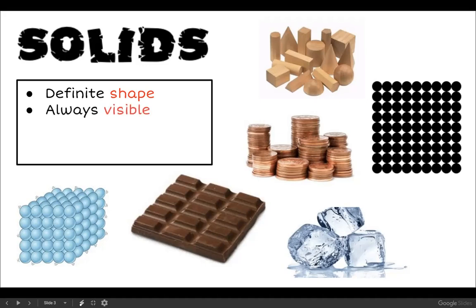Solids are always visible. Even if they're clear or see-through, they're always visible. And if you could see the atoms or molecules in a solid, they would be in place, touching, but still vibrating in place. So they're not moving around, but they do have a little bit of motion. They're just vibrating.